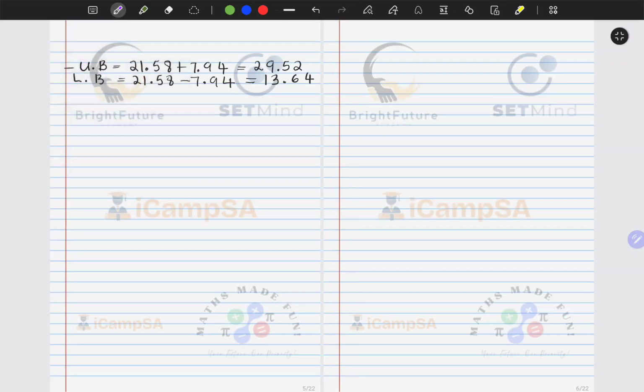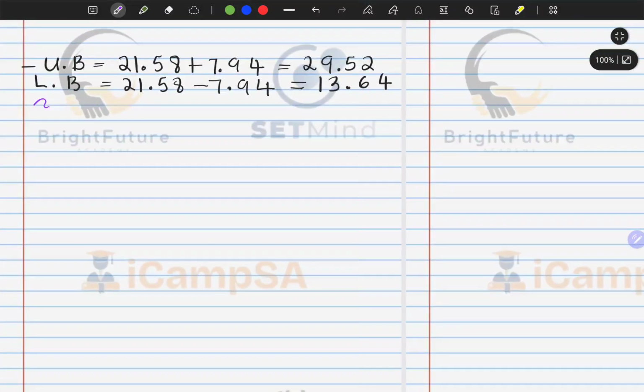Okay, so if you look carefully, when we look at the number of people who are vaccinated, we'll look at this within this boundary here.